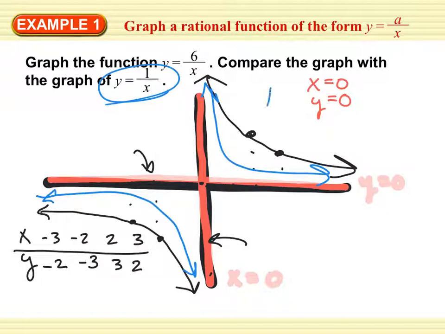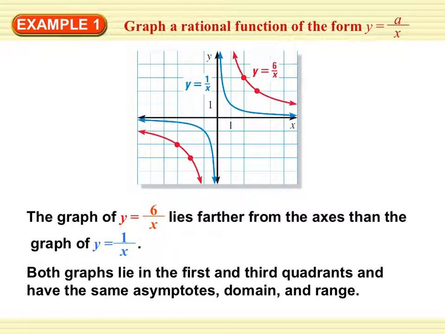Both graphs are always going to lie in the first and the third quadrant, and they're the same asymptotes. The parent function and 6 over x have the same asymptotes, the same domain, and the same range. And look, much prettier drawing. I kept that in there so we could see it because my drawings aren't so great.